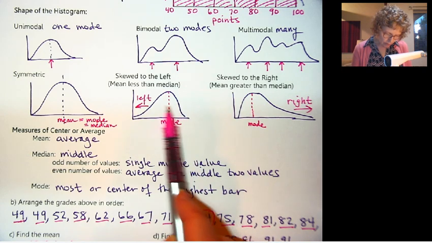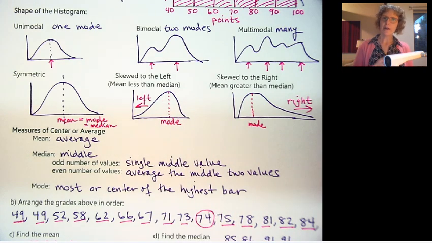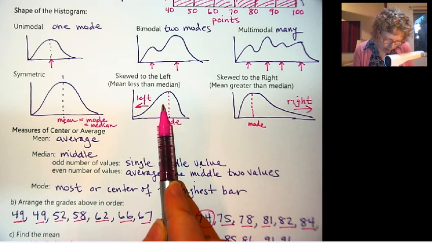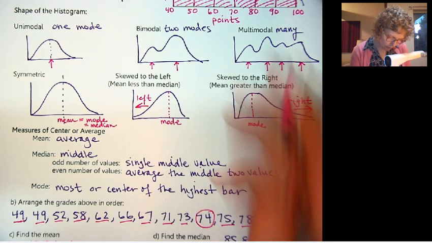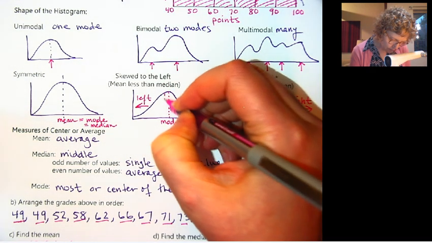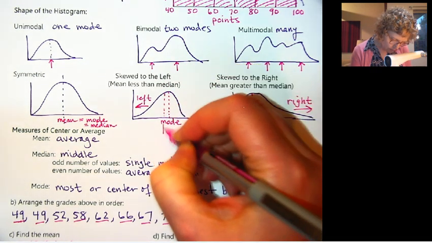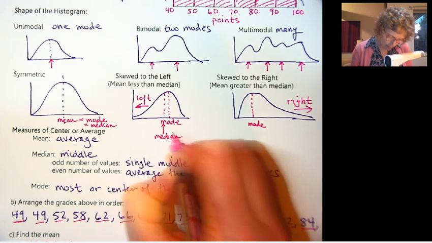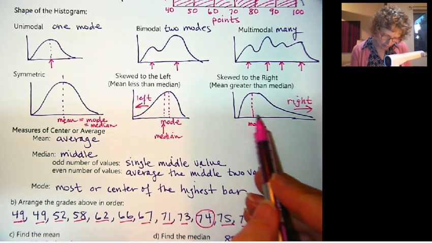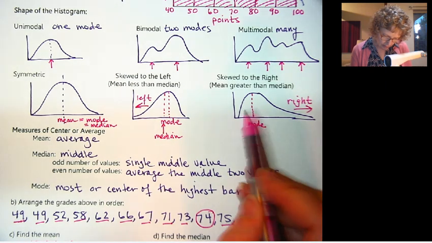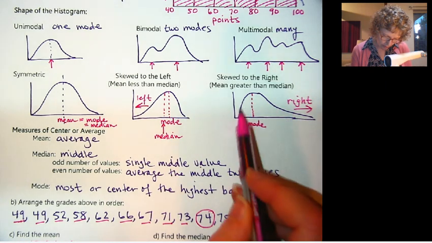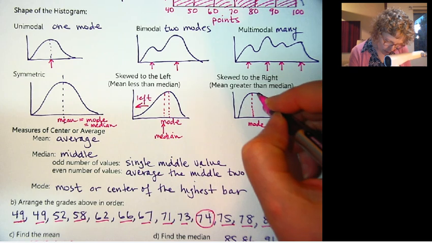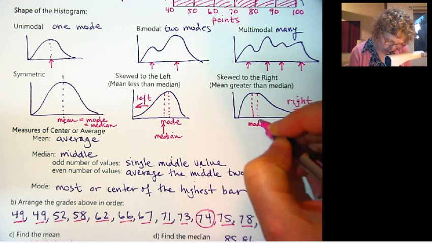So the middle would be the point where half the values are below and half the values are above. So the median would be a little bit further over. Similarly, on something that's right skewed, you can see there's more area over here than there is over here. So the median would be a little bit to the right.